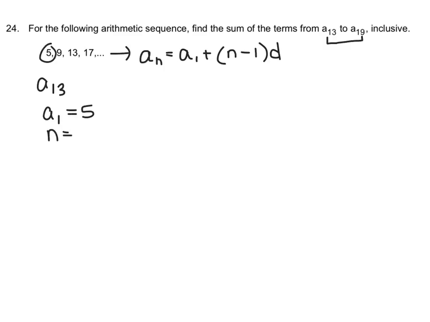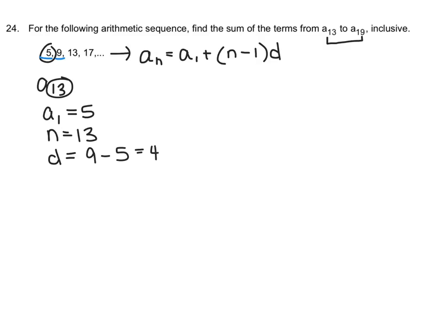N is the position of the term we're trying to find, which is 13. And D is the common difference. Since this is an arithmetic sequence, I find the common difference by taking the second term, which is 9, and subtracting the first term, which is 5. And 9 minus 5 is 4, so D is 4.